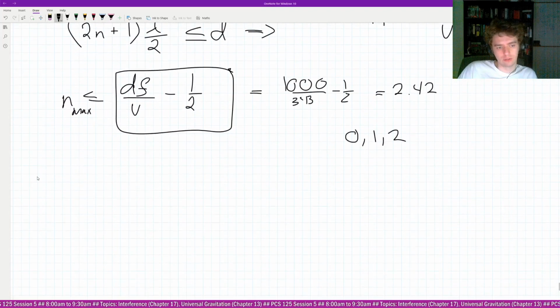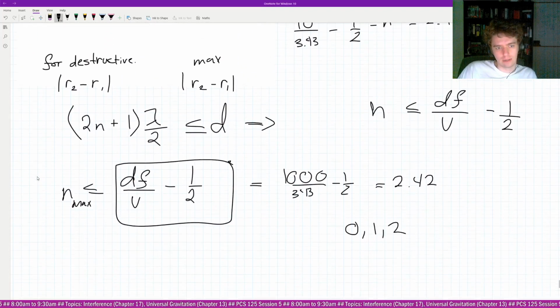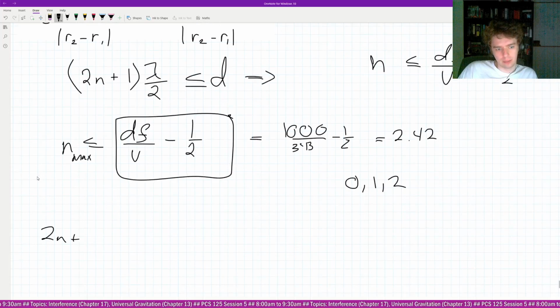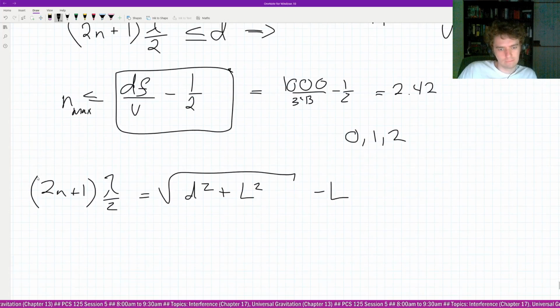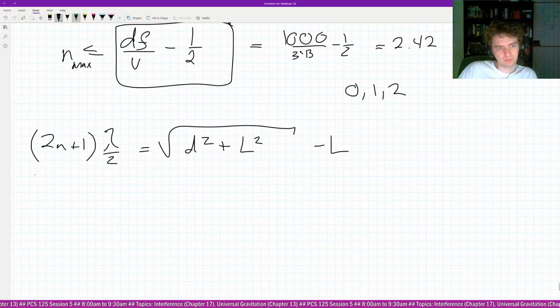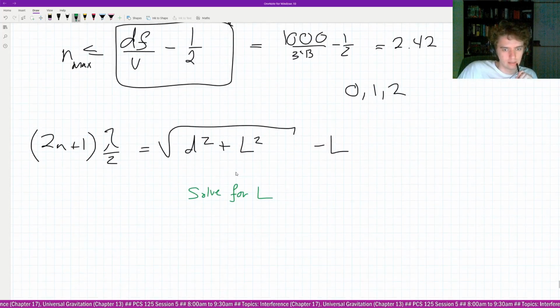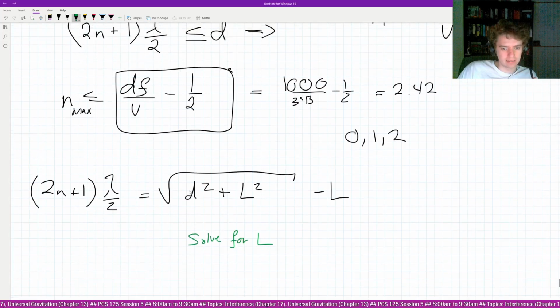Okay, so solve 2n plus 1 lambda over 2 equals square root of d squared plus L squared minus L for L. Because then that would mean that the destructive interference has to occur when n is at that value. And you plug in 0, 1, and 2, and those are the three distances.